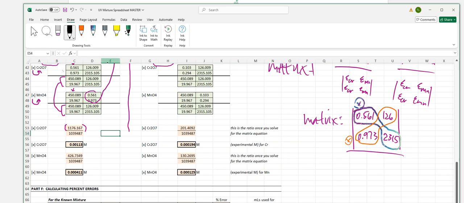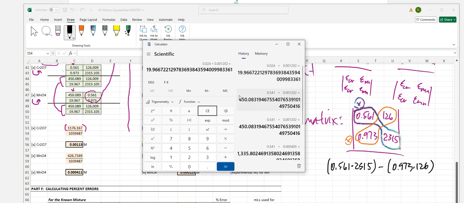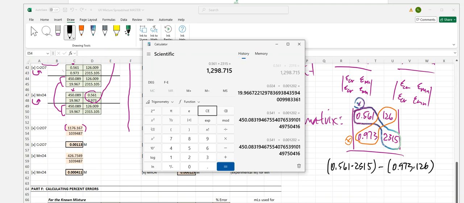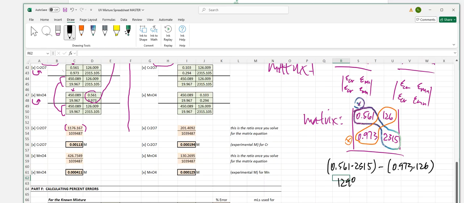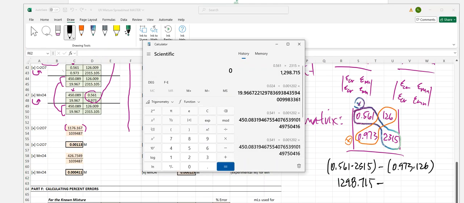It's solved the same. But what this means, to solve this setup, I'm going to take 0.561 times 2315 and then subtract from that 0.973 times 126. So if I come over, I type 0.561 multiplied by 2315, and I get 1298.715. And then I do the same on the other side.